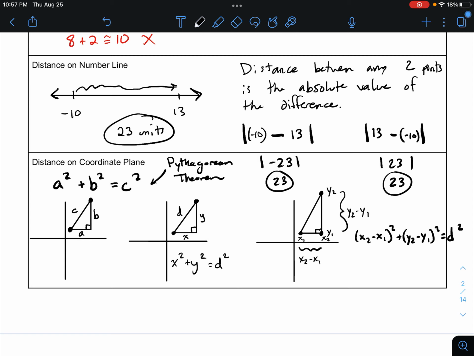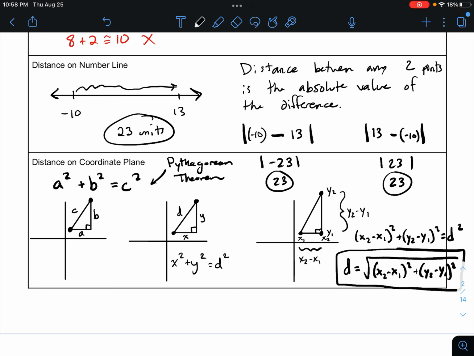All we have to do now is organize this one last time. If I take the square root of both sides, that will give me the distance. I can use a square root to undo a square. So if I rewrite this, we end up with the distance equals the square root of x2 minus x1 squared plus y2 minus y1 squared. Okay, and there is your distance formula.